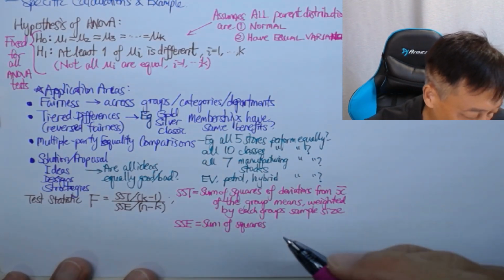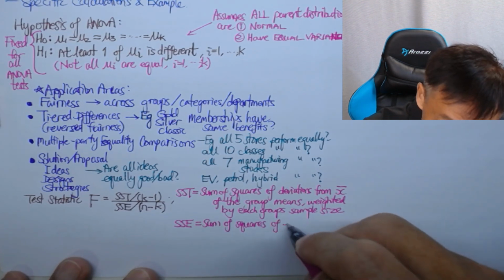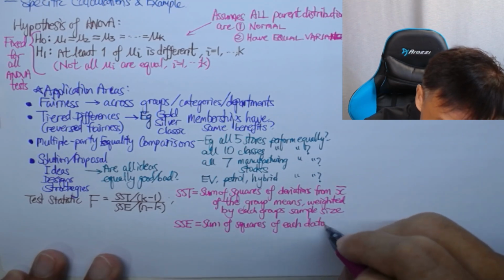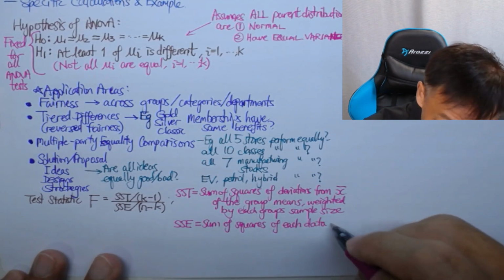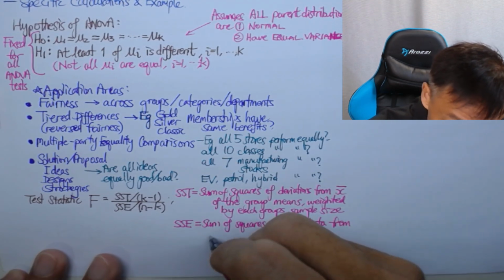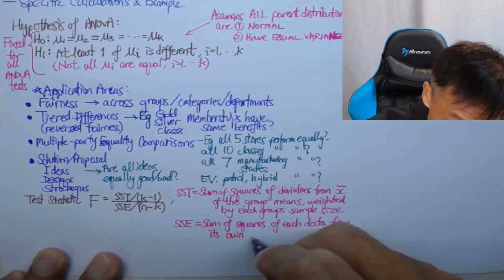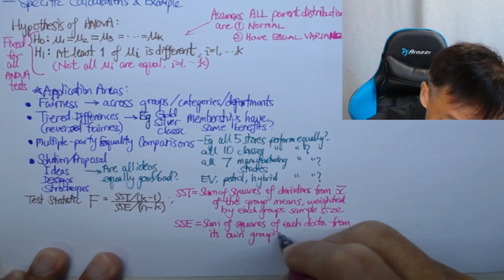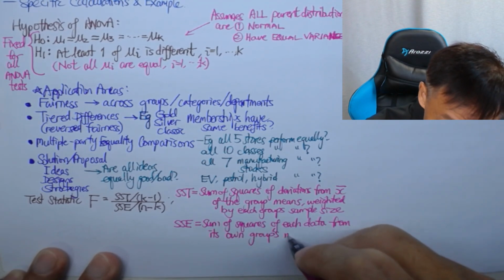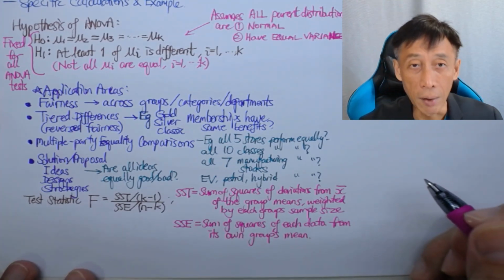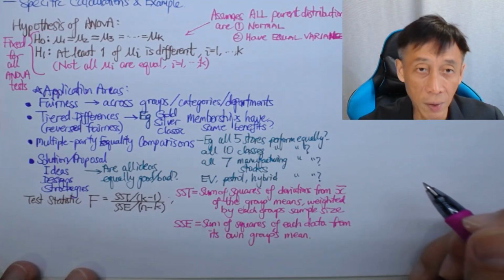Okay, so deviations of each data point from its own group's mean. Now we have temp staff. Let's say we have 3 numbers, 6, 5, and 7, right?